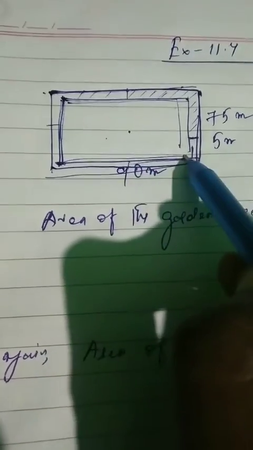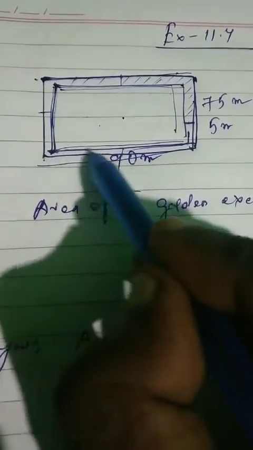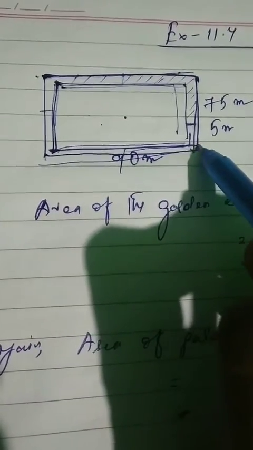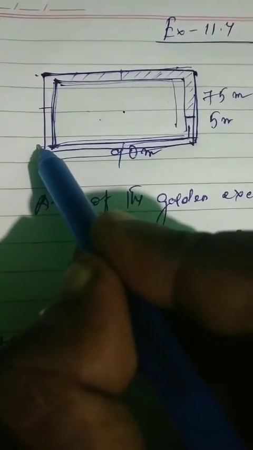This much is 90, with 5 meter on the right hand side and 5 meter on the left hand side. So 5 meter and 5 meter will be added to 90. The length of the garden including the path will be 90 plus 5 plus 5, because the road is 5 meter wide on the right and on the left.